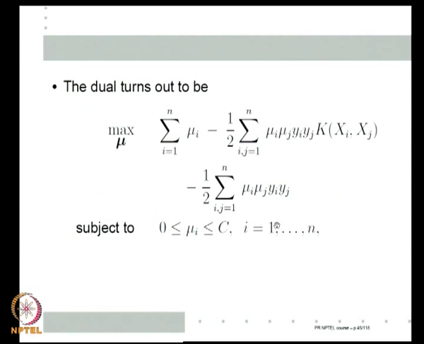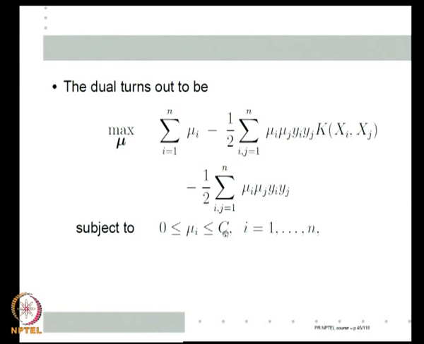Then what happens? This is what turns out to be the dual. Your objective function has not changed, this term is same as earlier, this term is same as earlier, I am just adding one more term in the objective function, mu_i mu_j y_i y_j. And this is also a quadratic term, it makes no difference adding one more term into this quadratic term.